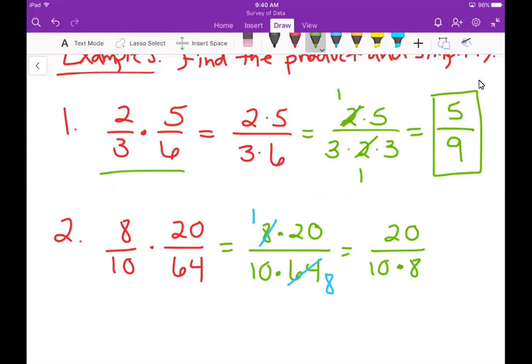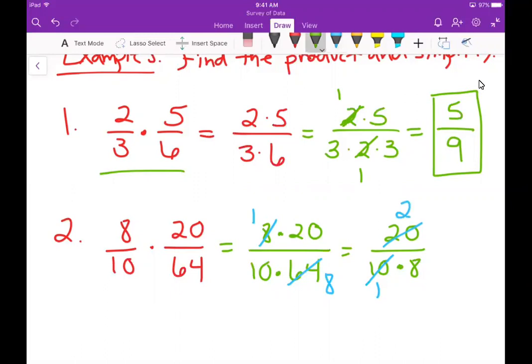And now again, before I actually carry out that multiplication, I want to think again. Do 20 and 10 have any common factors? And they do, right? They can both be divided by 10. So again, I want to think, okay, 10 divided by 10 is 1. 20 divided by 10 is 2.